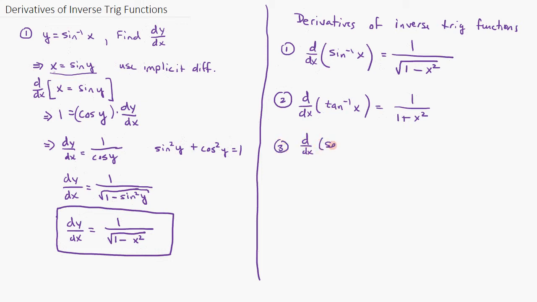Derivative of inverse secant is equal to 1 over the absolute value of x times the square root of x squared minus 1. And these are the three more important of the inverse trig functions.